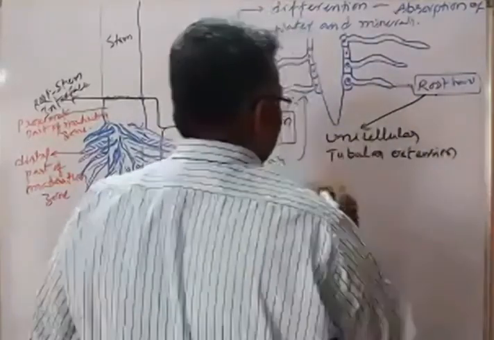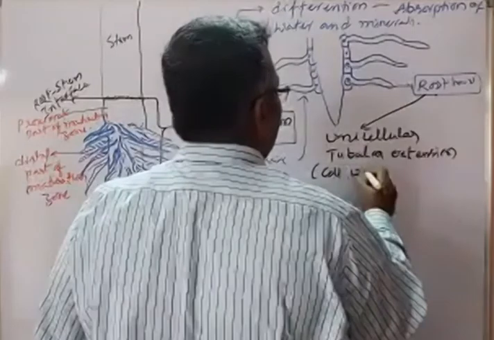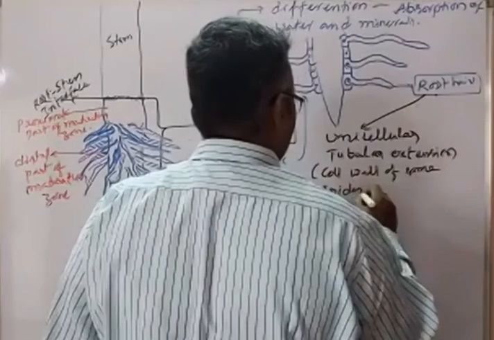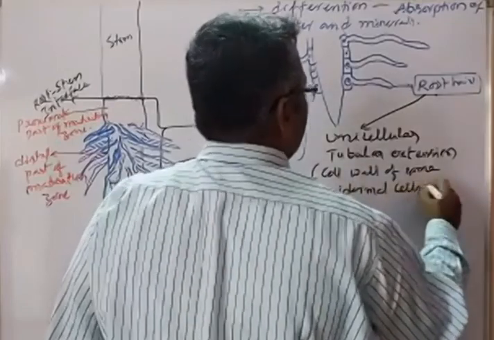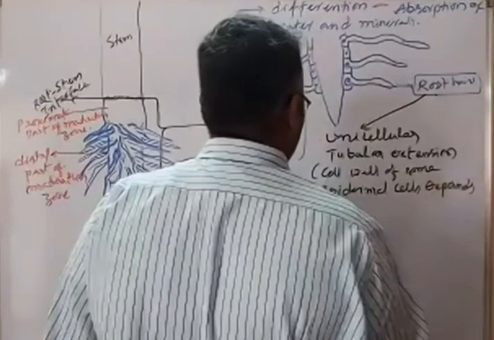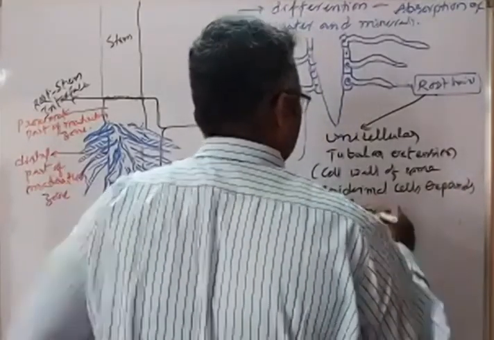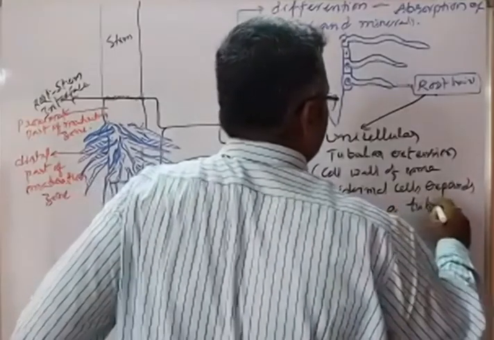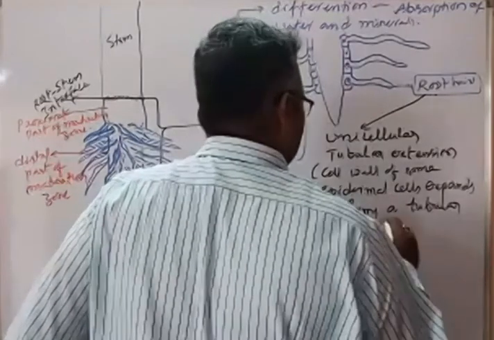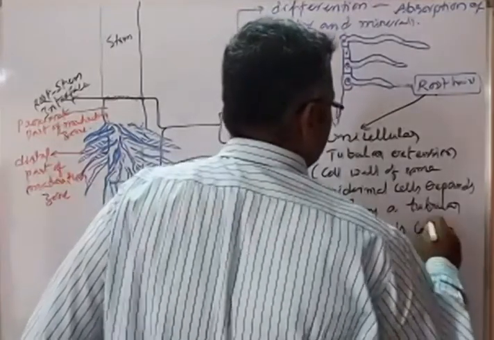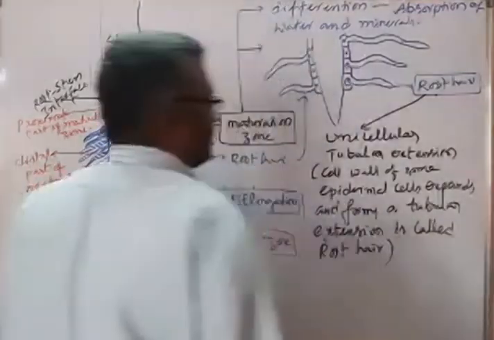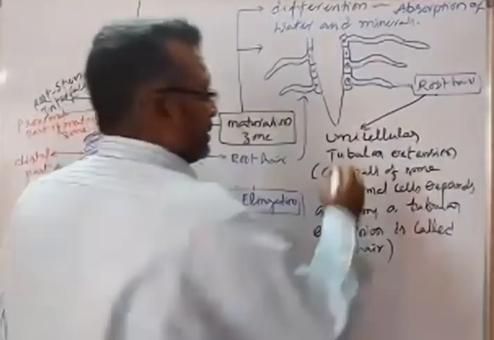That is actually the cell wall of some epidermal cells expands and forms a tubular extension. So that itself is called root hair. So they are unicellular.